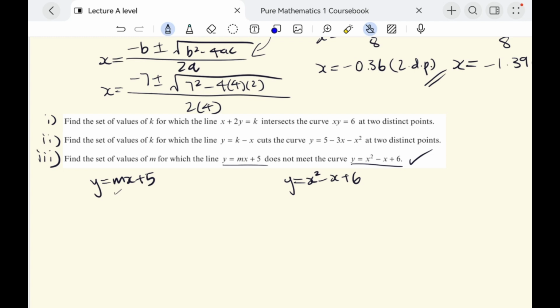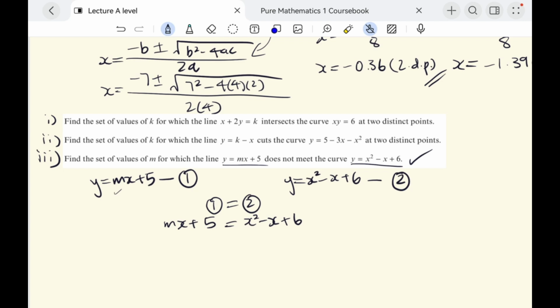Not the intersections, but to find the set of values of the unknown with the characteristic of when the line and this quadratic curve do not meet. Okay, because a quadratic graph is a parabola curve. Let this become equation 1 and this one become equation 2. For this y and this y, you need to let them become equal, so you write 1 equals 2, which is mx plus 5 equals x squared minus x plus 6.